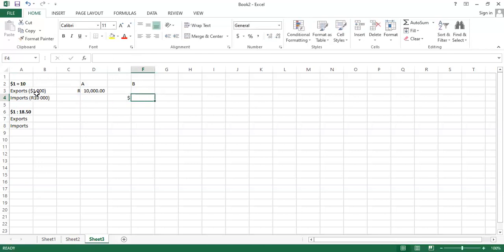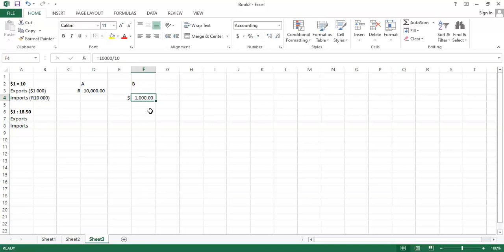With 10,000 rands at this rate, how many dollars do you have? You can simply get that by dividing the 10,000 rands that you have by 10. So you can buy stuff that is worth $1,000.